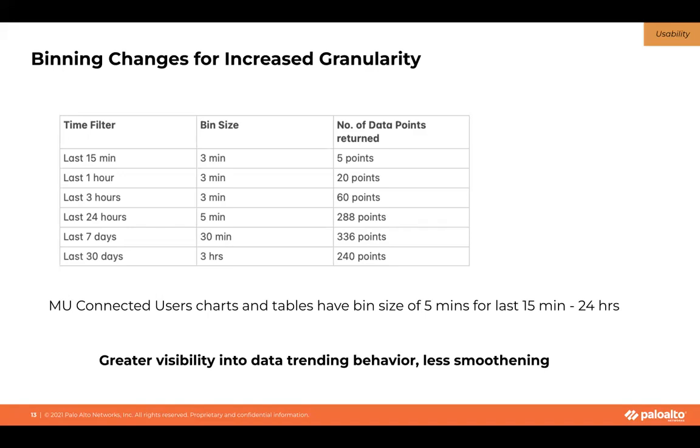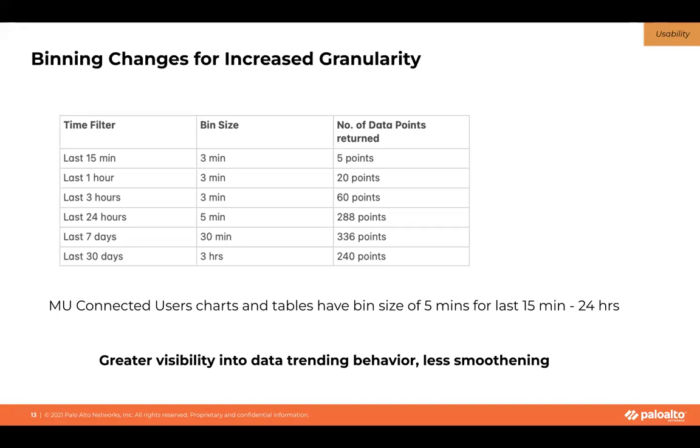The only difference in these bin sizes is that for the mobile user connected users charts and tables, we provide you the bin size of 5 minutes, all the way from 15 minutes to the 24 hours. So it's 5-minute increments that the data is available. Everything else remains the same.